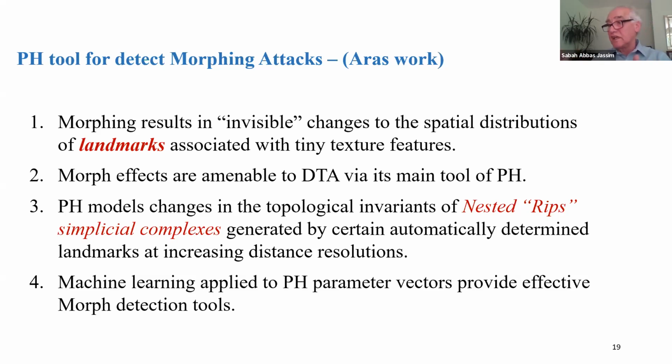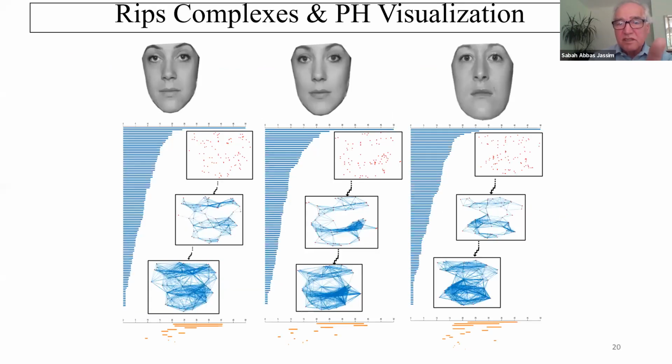That's why nobody could detect it with the naked eye, or even some expert ones. So he built the PH models for these things and turned it into a morph detector. This is just a simple illustration of what happens when you have these different ones.